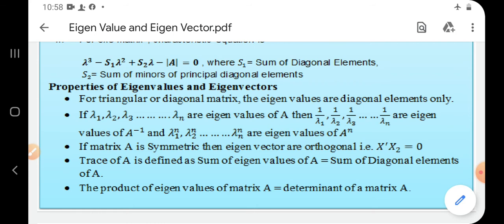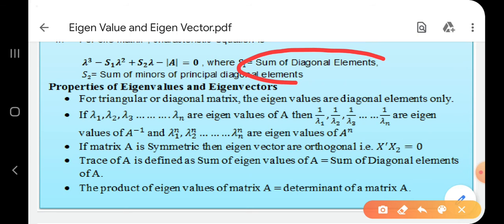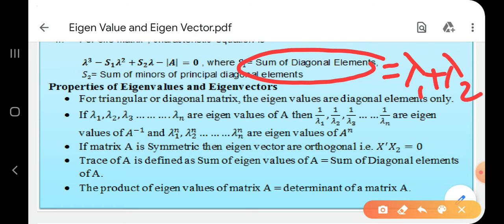Now some properties we have to keep in mind to solve problems. I get 2 properties here. The first one is that the sum of diagonal elements is equal to the sum of eigenvalues: lambda 1 plus lambda 2 plus so on.